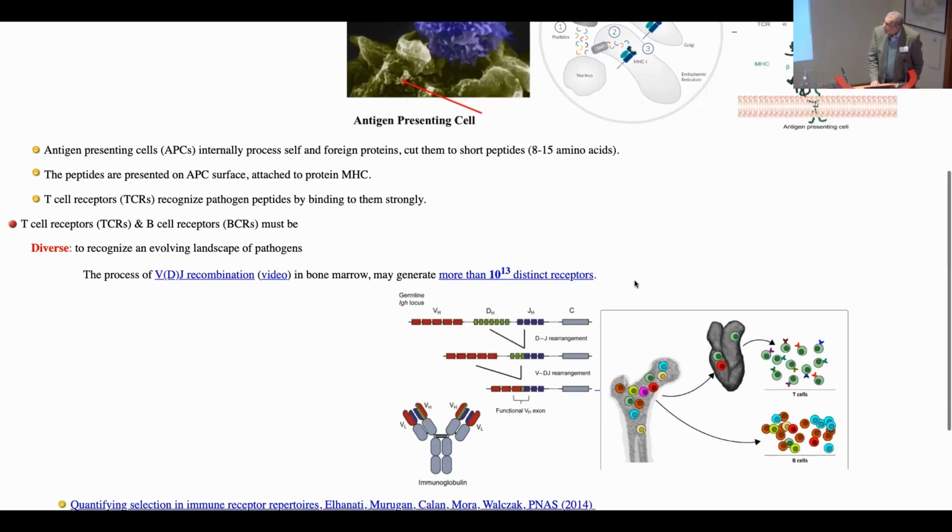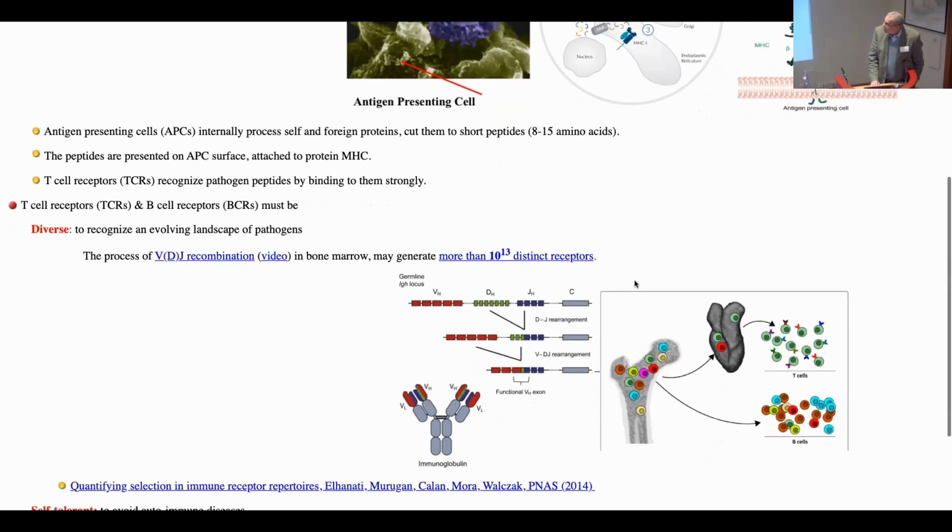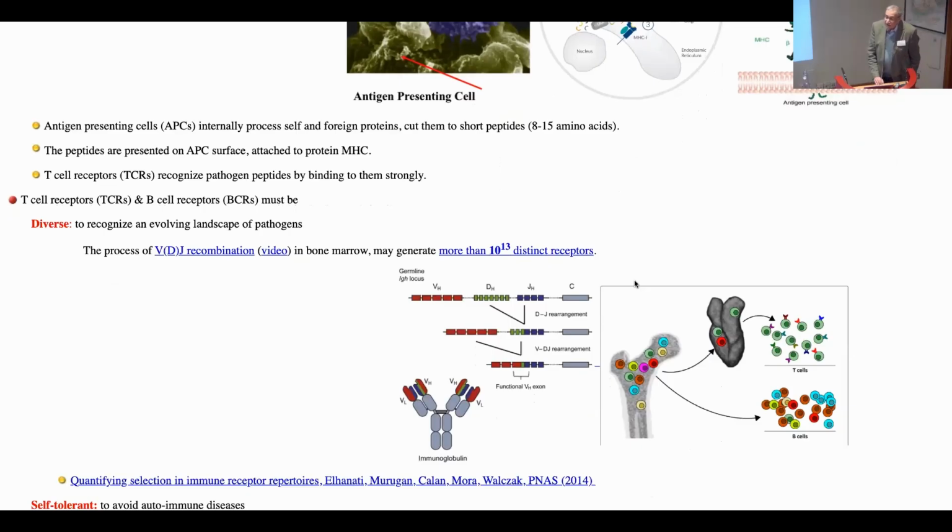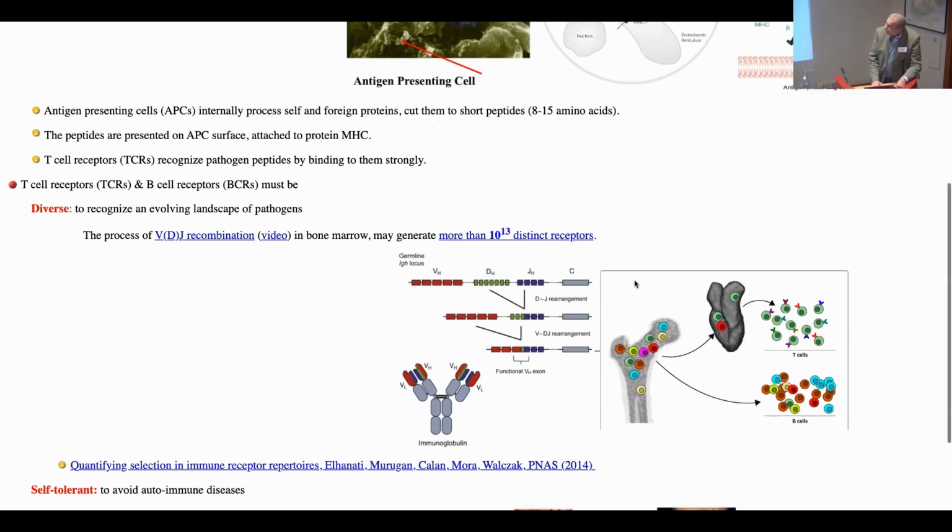And the way that it does that is that there are a huge number of these T cell receptors, of the order of 10 to the 11 per person. And we certainly don't have 10 to the 11 distinct genes to produce 10 to the 11 different receptors.